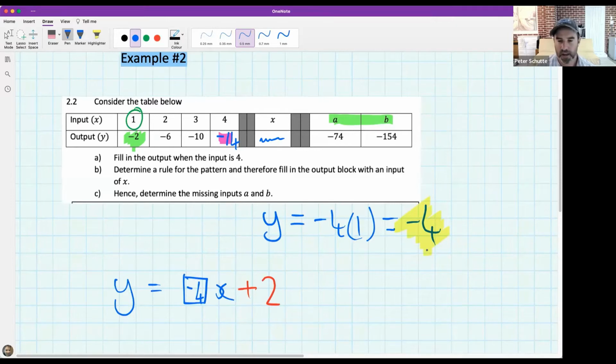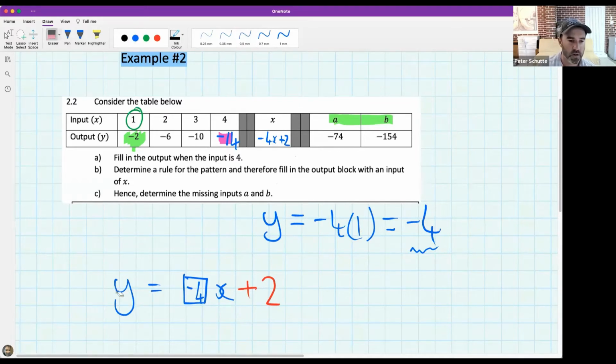Yeah. So you saw you were at -4 and you needed to get to -2. And so what you did was you went, I need to go up by 2. And so that's where the +2 comes from. Perfect. Now what that's going to mean is the formula here is going to be -4x plus 2.